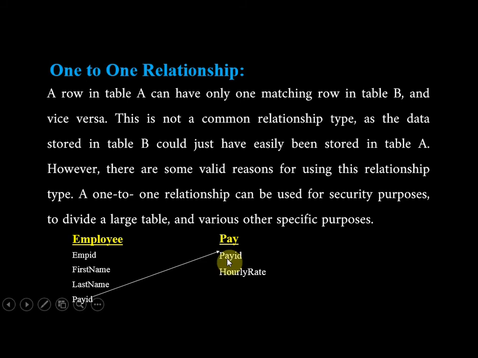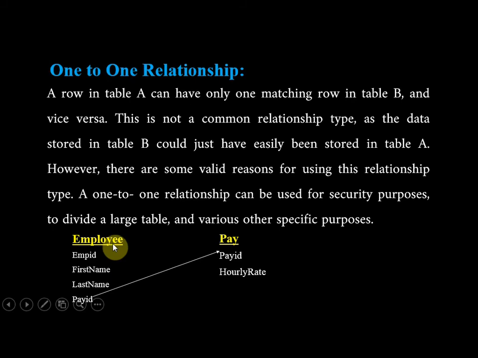For example, roll number, customer ID, payment ID, employee ID, register number: these are unique fields, because this information cannot be repeated again. In your class, roll number one is not given to another person, there should be no repetition or duplicate. So that field should be a unique field, and if the unique field is there in both tables, we can create a relationship.